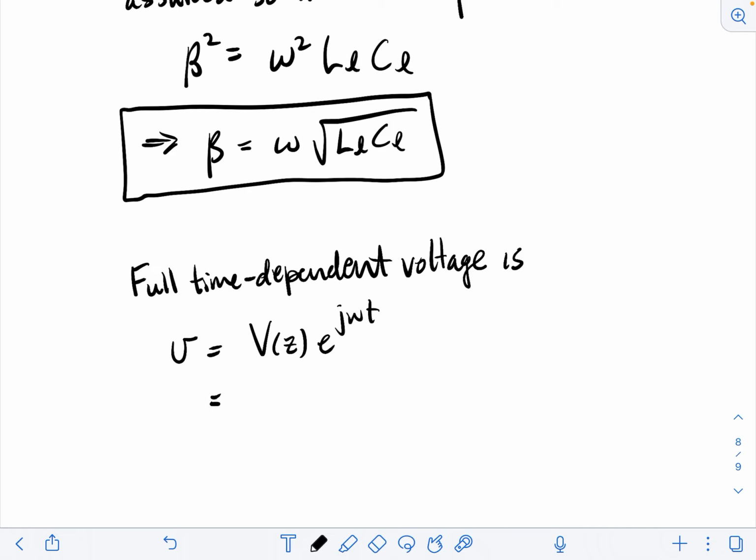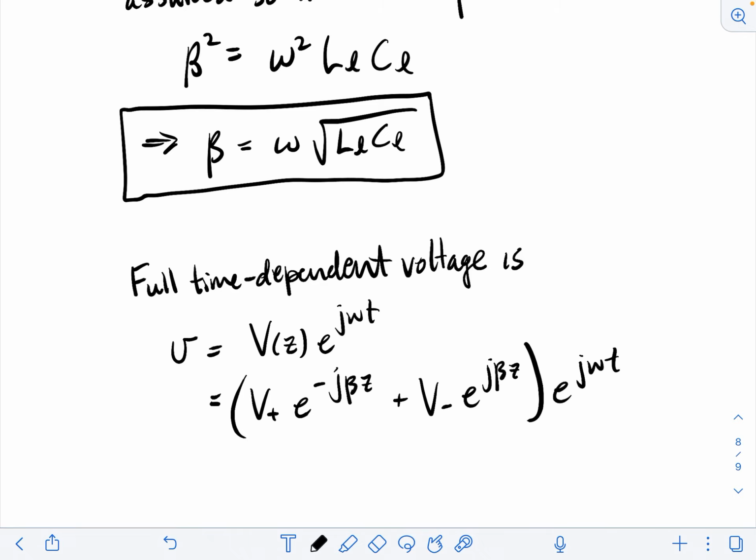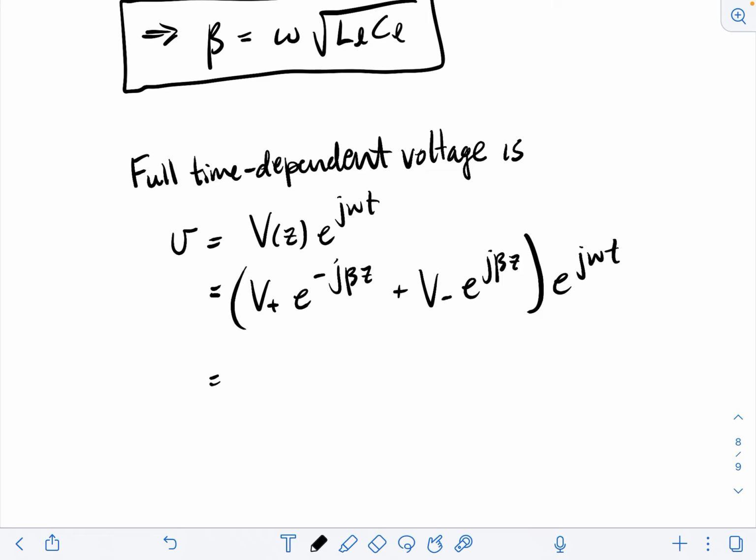It's V plus e to the minus j beta z plus v minus e to the plus j beta z, and then times e to the j omega t. If we combine the exponentials, we'll get v plus e to the j times omega t minus beta z, plus v minus e to the j times omega t plus beta z for the second term.